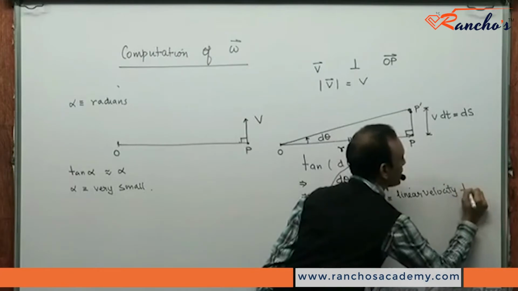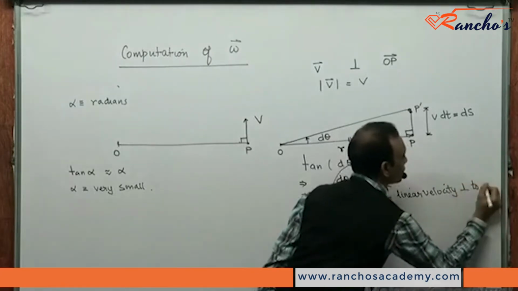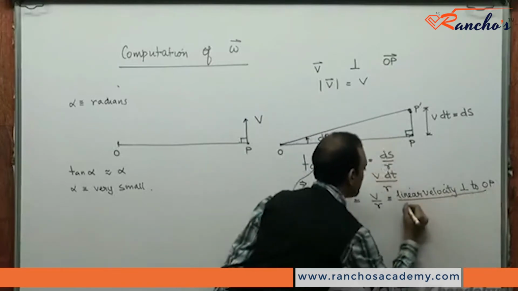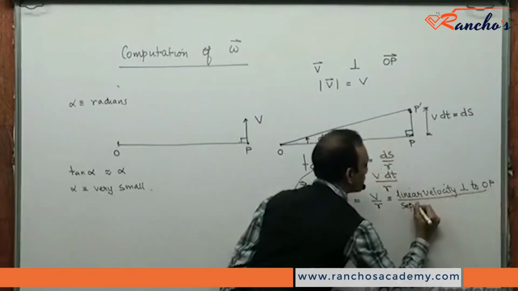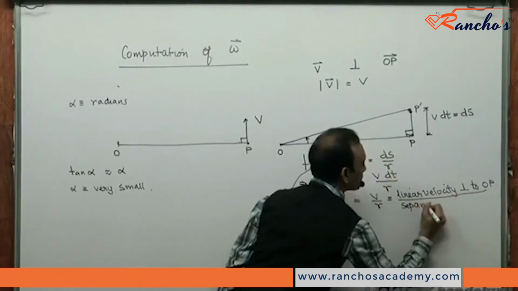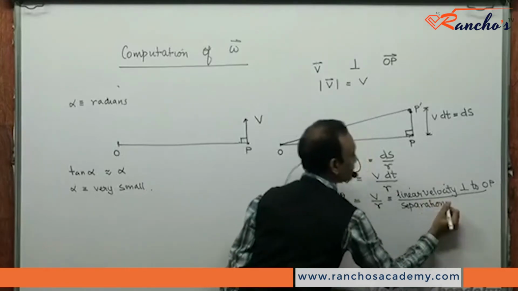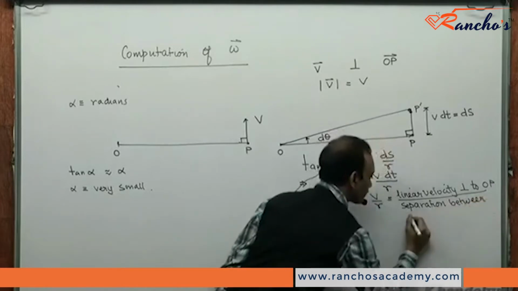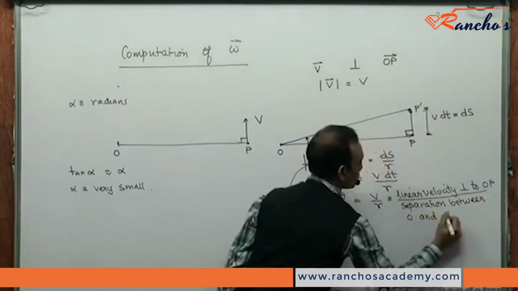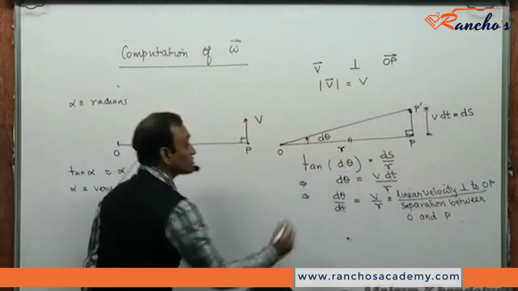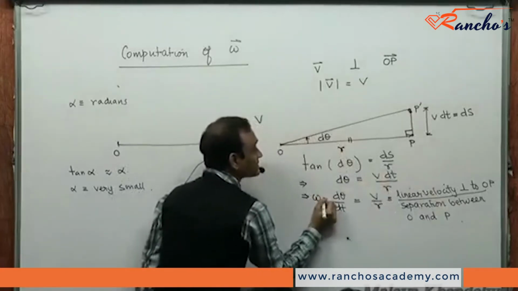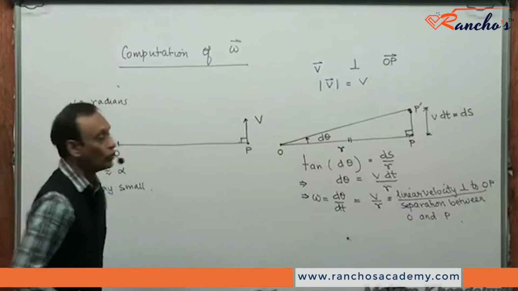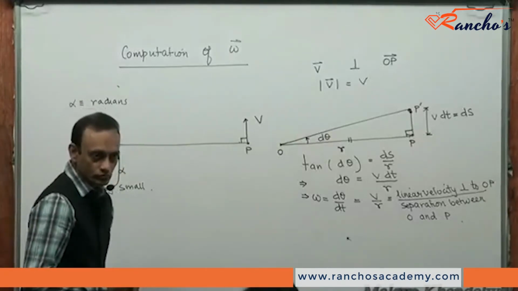Linear velocity perpendicular to OP divided by the separation between O and P. That's the angular velocity of the particle P as seen by O. Yes or no? Do you understand that?